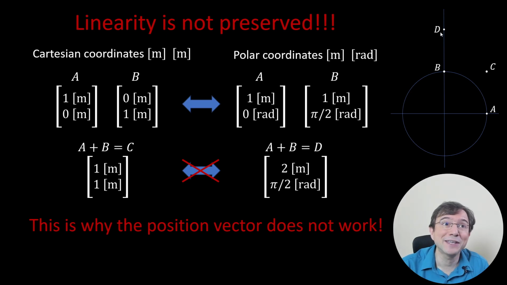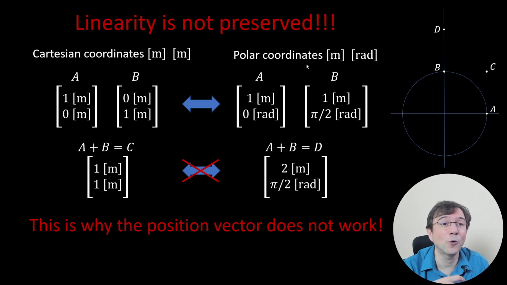And this corresponds to this point D. So what happens is that, again, nothing weird, the transformation between Cartesian coordinates and polar coordinates is nonlinear. Therefore, the linearity of the vector space, the addition and the scalar multiplication, are not conserved.